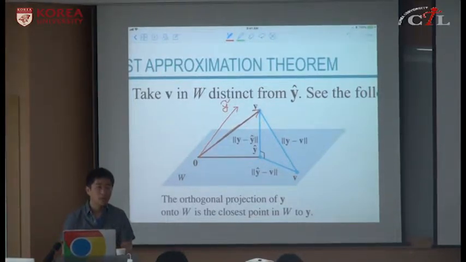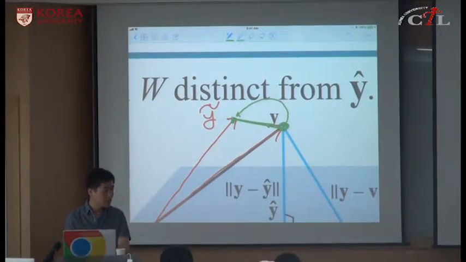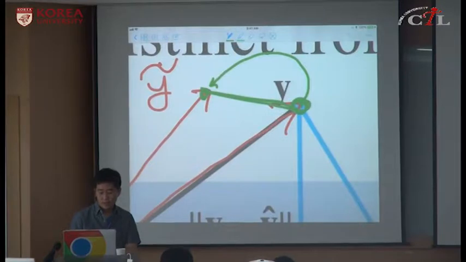How can we quantify this approximation between this y and y tilde? We can simply think of their distance, because we represented this point approximately as this point, and then what is the amount of the error? That error can be measured as the length between these two, the distance between these two vectors, right?